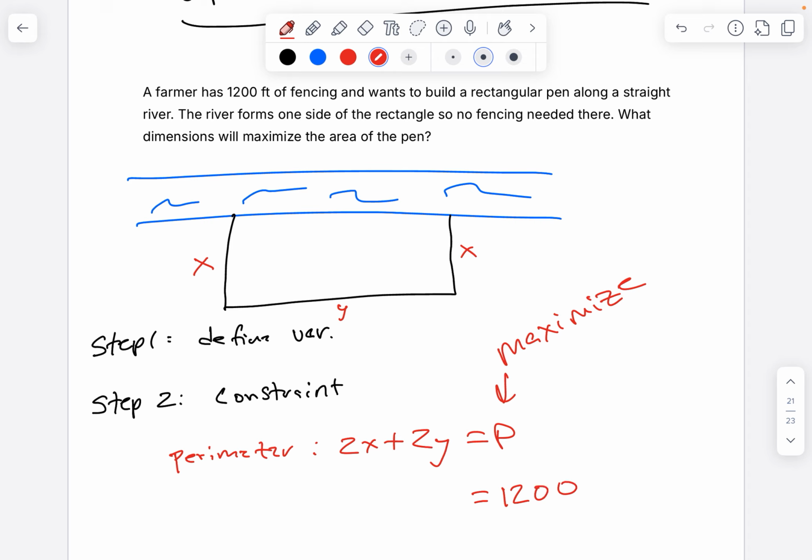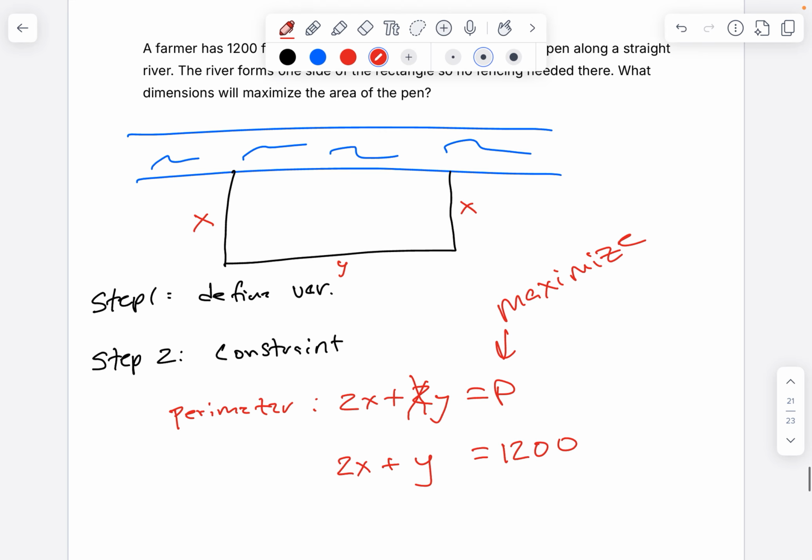And we only need two x's and one y, so we don't actually need this 2 right here. This becomes 2x plus y equals 1,200, and that is our equation. We're going to call that the constraint equation. I'm going to write that in blue.